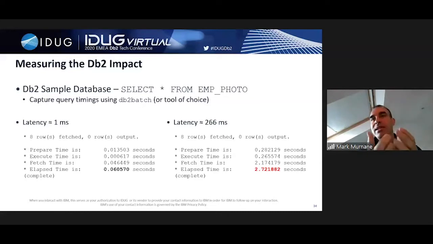Now, you might say also that 265 milliseconds latency is unrealistic. A decent network provider should be able to deal with that. But consider that the approximate round-trip latency for a fiber connection is 10 microseconds per kilometer. If I select, for example, that my app server is in Athens and my database is in Dublin, that's a distance of approximately 3,000 kilometers.